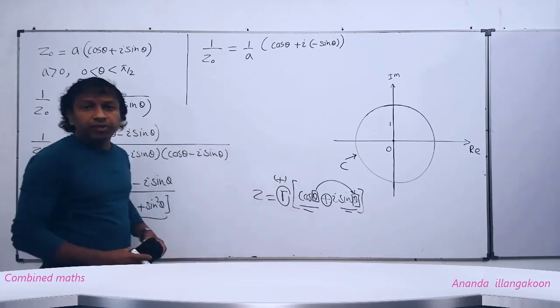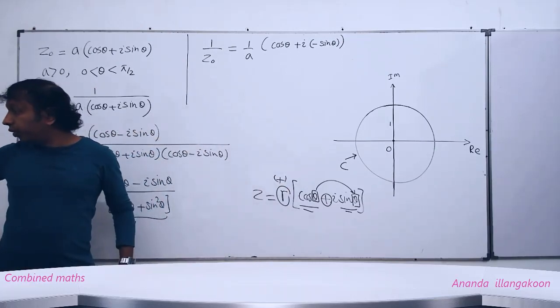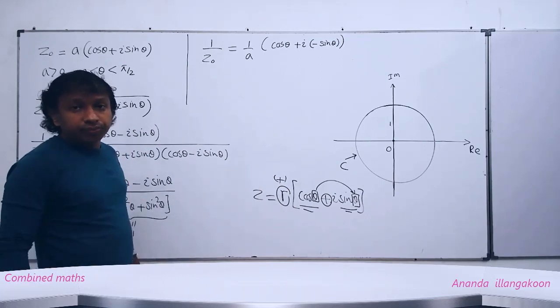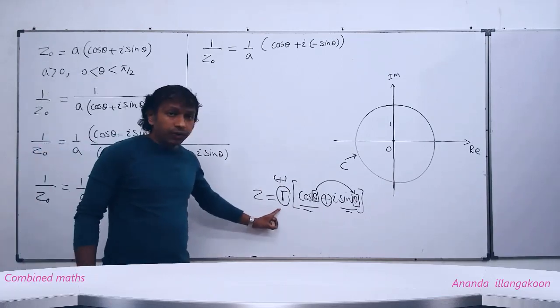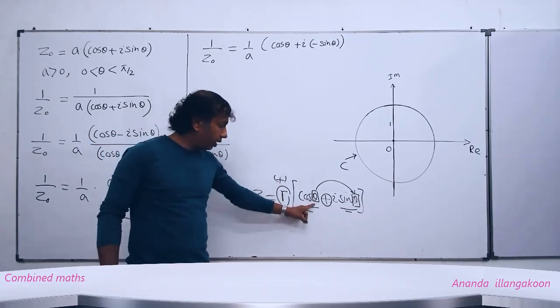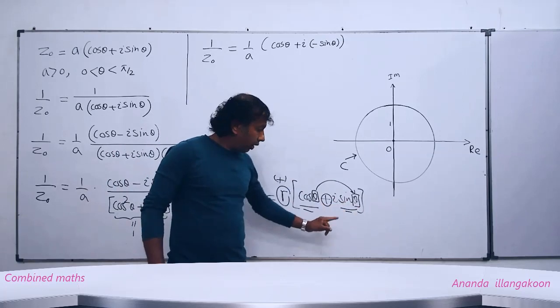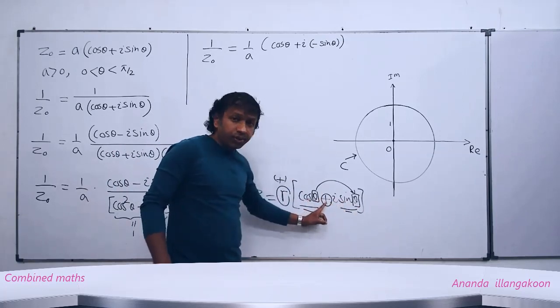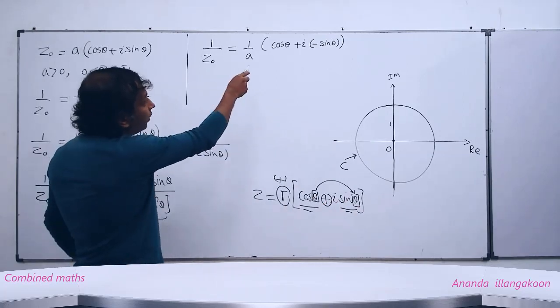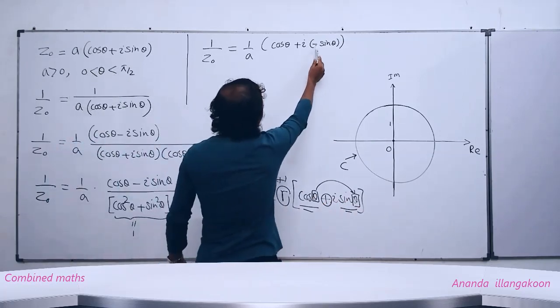Whenever you represent a complex number in polar form, these things are very important. This figure should always be a positive value. This angle and this angle should be equal, and in between these two terms a plus sign should be available. Then this is of course in that form, but here we have a minus sign.